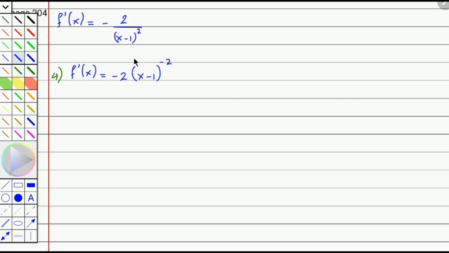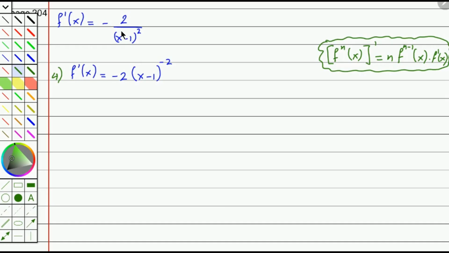We do that because we can exploit the formula: the derivative of f to the n of x equals n times f to the n minus 1 of x times f derivative of x. So there is no need to use the quotient rule. So we use the power rule instead, and thus make our lives easier.